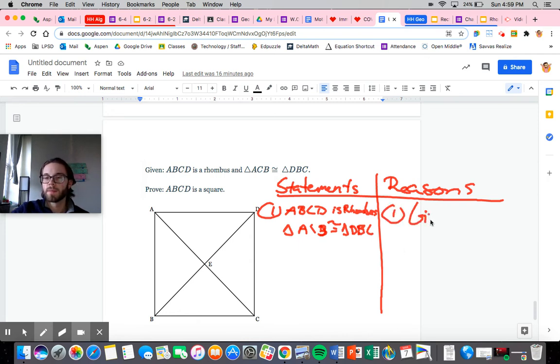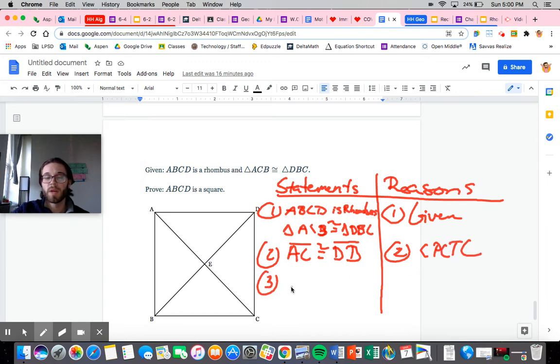Given. Now, what do we need to do? Well, AC congruent to DB, CPCTC.